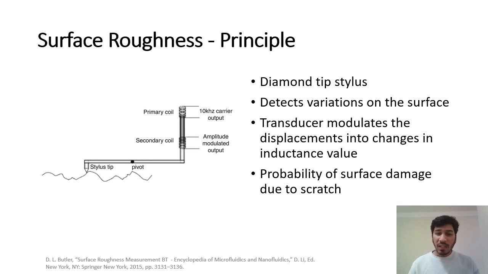Some of the common characteristics are that it has a diamond tip as its stylus, and the transducer modulates the displacement to changes in the inductance values. One of the limitations, as we spoke before, is that the probability that you would damage the work surface is high in a contact-based method, whereas in a non-contact-based method, you overcome that limitation automatically.